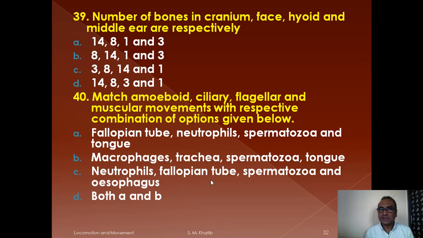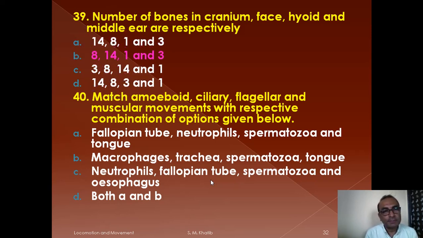So it should start with 8, 14. Hyoid is a single bone, and the ear ossicles in the middle ear, they are 3 in number. 3 pairs, of course. One side, if you take up, it is 3 because middle ear only is mentioned, single one side. So that means B will be the right option.